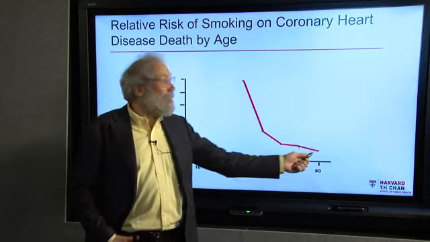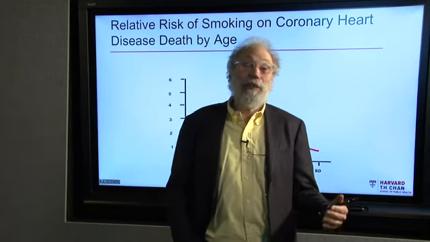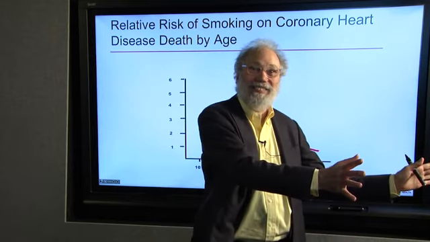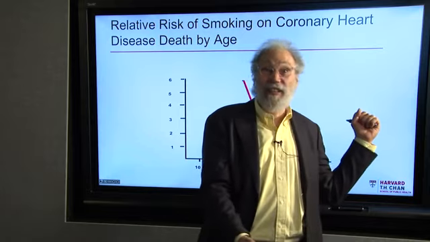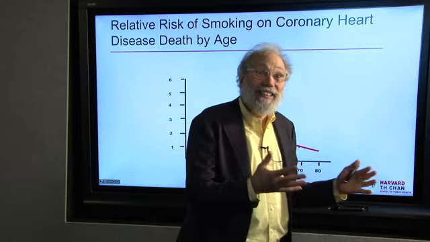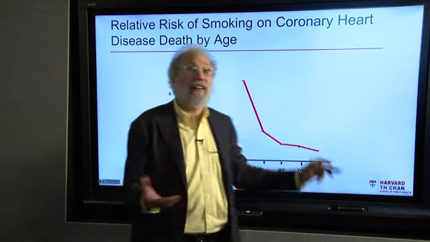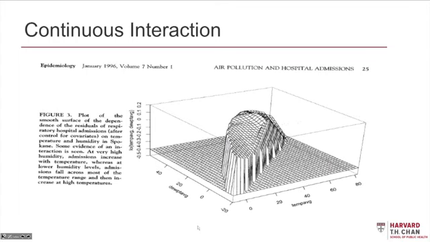Because by the time you're 80, if you're still smoking, you're probably pretty resistant to smoke. Remember, it gets back to that differential susceptibility, right? Well, you would have died 30 years ago, right? So that's going to show up as a continuous change in the relative risk of smoking versus age.